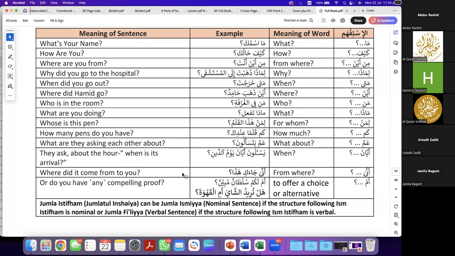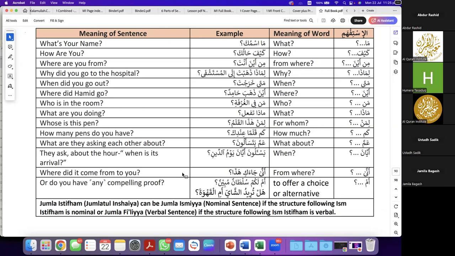But notice that there's a hamzatul wasl. So without ma, it'd be ismuka. But because of hamzatul wasl, the meem joins the seen, so we don't pronounce the alif. It goes to masmuka. That's how it's pronounced, which means what is your name?